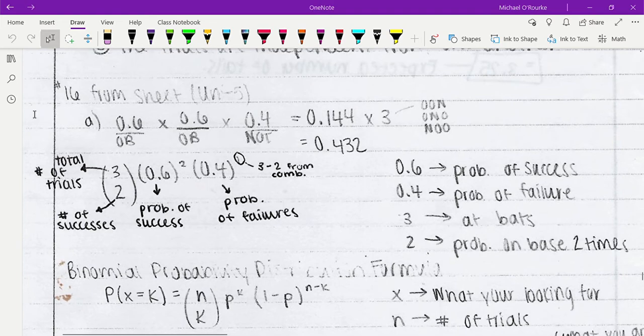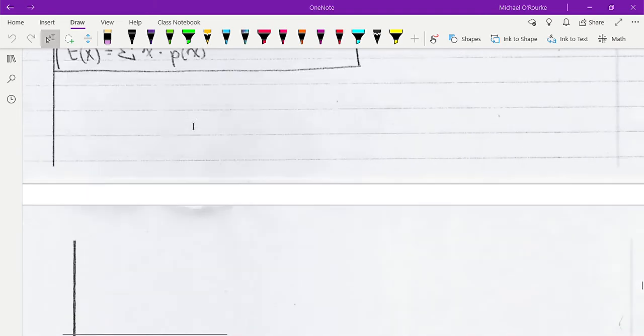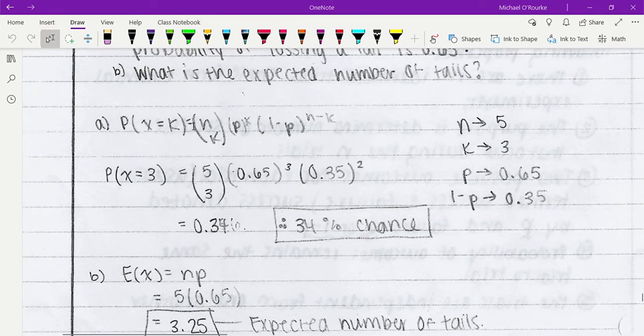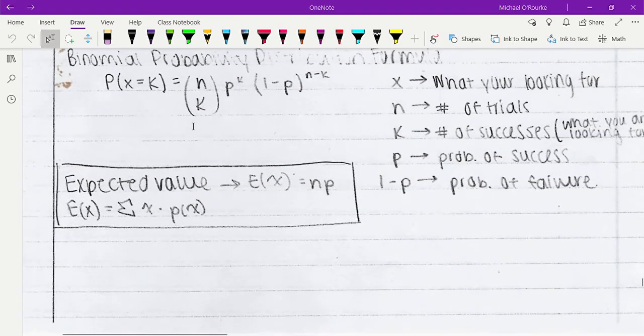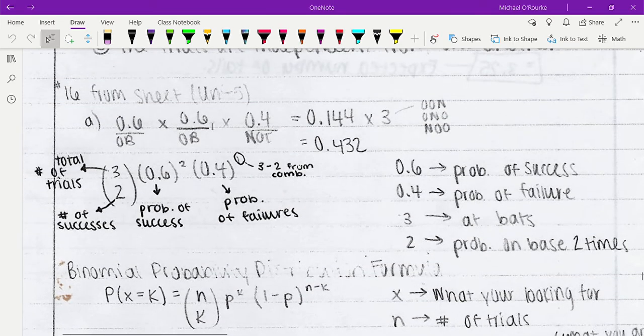Or is it 3 times 2, or are we just multiplying those two together? Let's take a look here. Why do you multiply by 3 at the end? 3 choose 2. 3 choose 2 is 3. If I were to rewrite this, it would look like this: 3 times (0.6 squared times 0.4 to the power of 1).